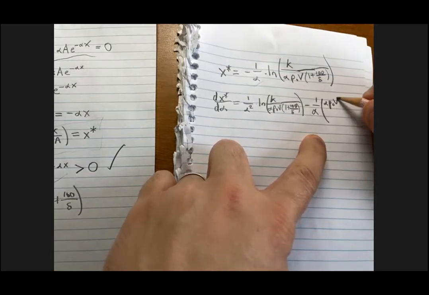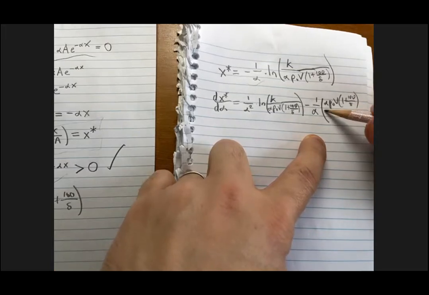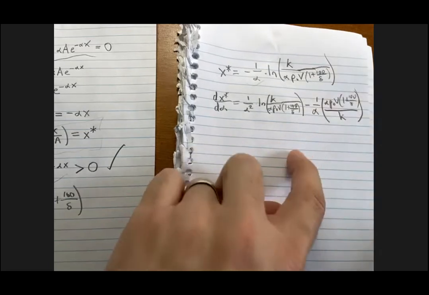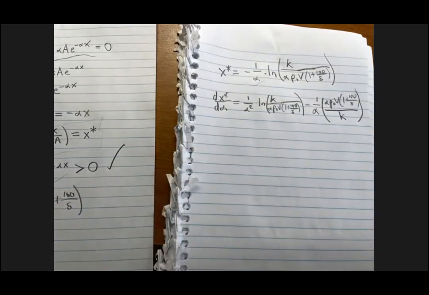Alpha P0 V, 1 plus 100 over delta, over K. See what I've done there is just I've flipped the numerator and the denominator of that fraction, because 1 over a fraction is just to flip the fraction. I'm not done though, because I have to multiply that by the derivative of that with respect to alpha, which actually isn't that difficult.